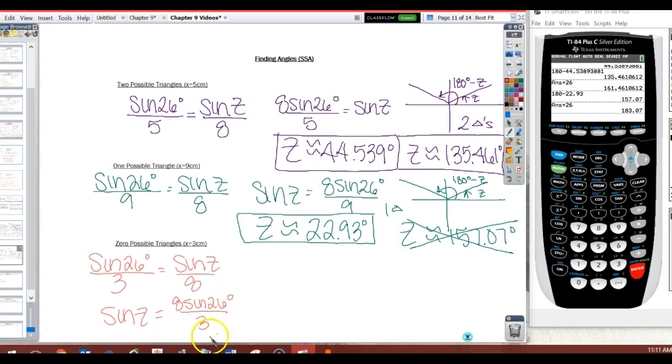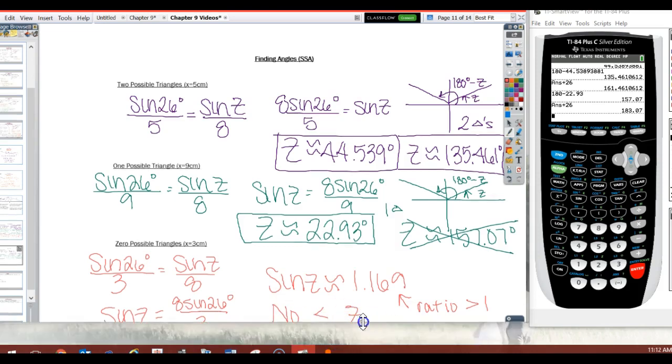From here, if you were to simplify this down to the approximate answer, we get the sine of z is approximately equal to 1.169. Well, this ratio is larger than 1, so you're going to get an error when you go to take the sine inverse of this ratio. That tells us that there is no angle z. That means that there's no possible triangle.